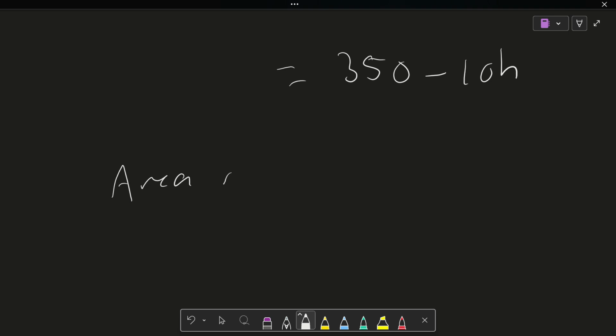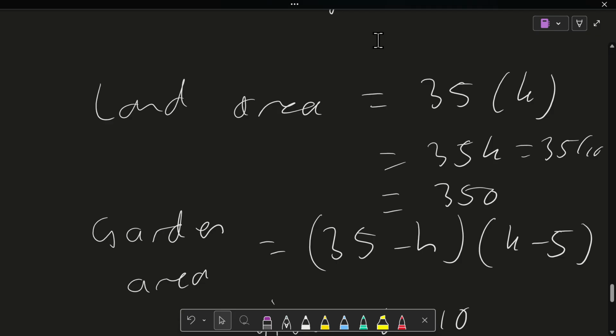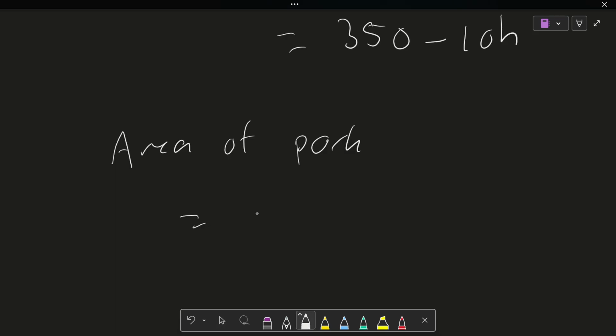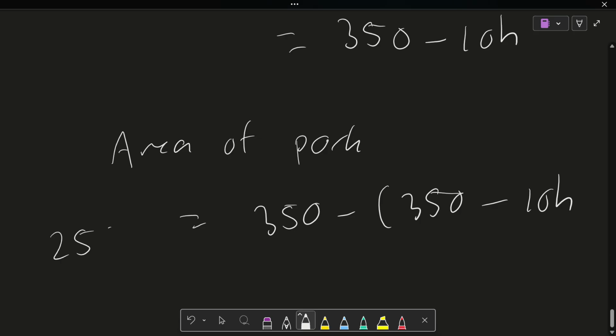Okay, so area of park is given by 350 minus 350 minus 10h equals 265.